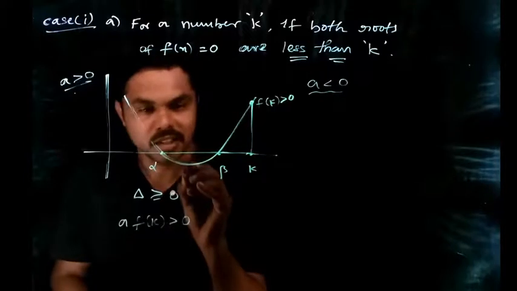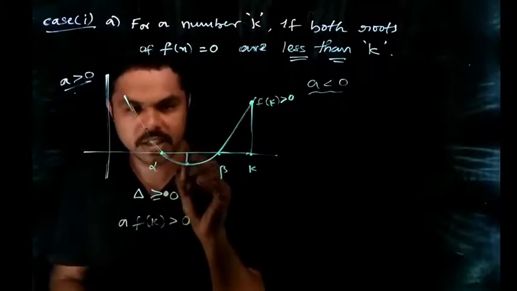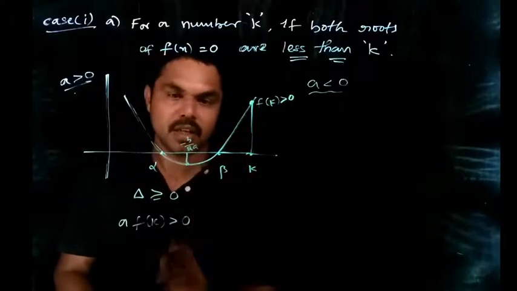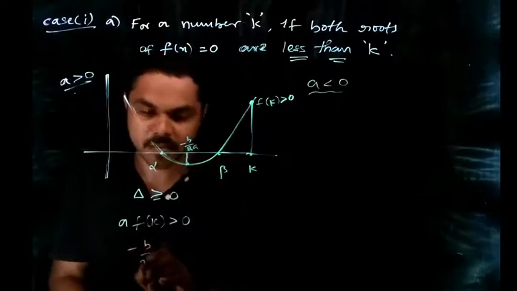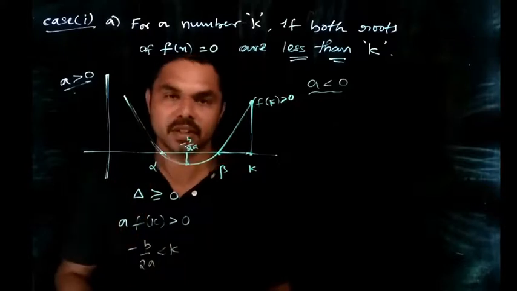Next, this is the vertex, with x-value minus b by 2a. It is very clear from the graph that minus b by 2a is less than k. So these are the conditions for us.